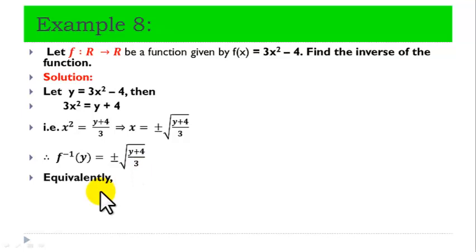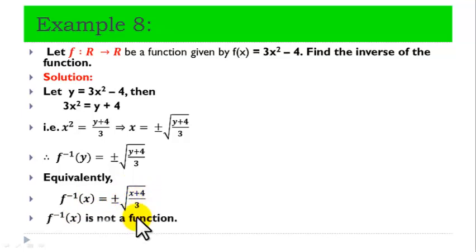Equivalently, we can replace the variable y by x to obtain f inverse of x equal to plus or minus the square root of (x plus 4) all over 3. We can see here that f inverse of x is not a function because for each x there are two different values of f inverse of x, plus or minus.